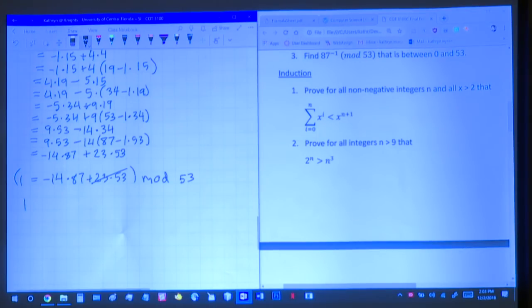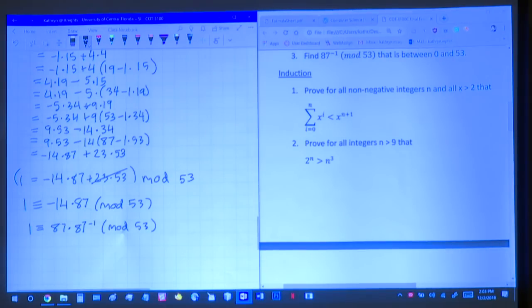So then we're left with 1 is equivalent to negative 14 times 87. And by the definition of inverse, we have 1 is equivalent to 87 times 87 to the negative 1 mod 53.